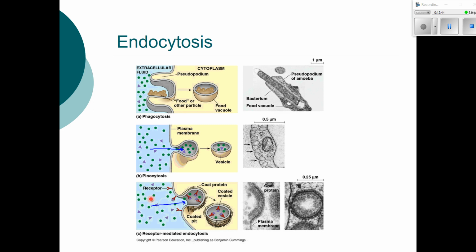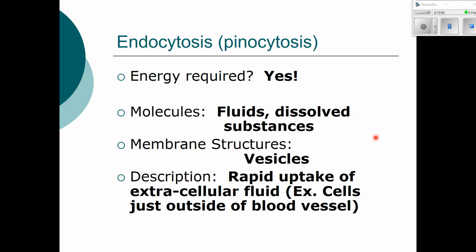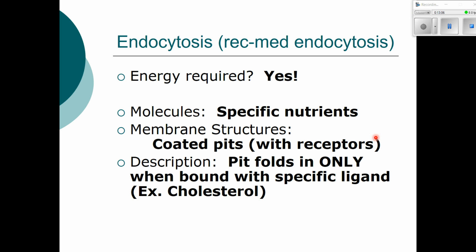And if there is, as soon as the cholesterol binds to the receptor, it triggers a rapid infolding of the membrane, and the fluid is gulped into the cell, not just the fluid, but also, of course, the cholesterol molecules. And so this is called receptor-mediated endocytosis.